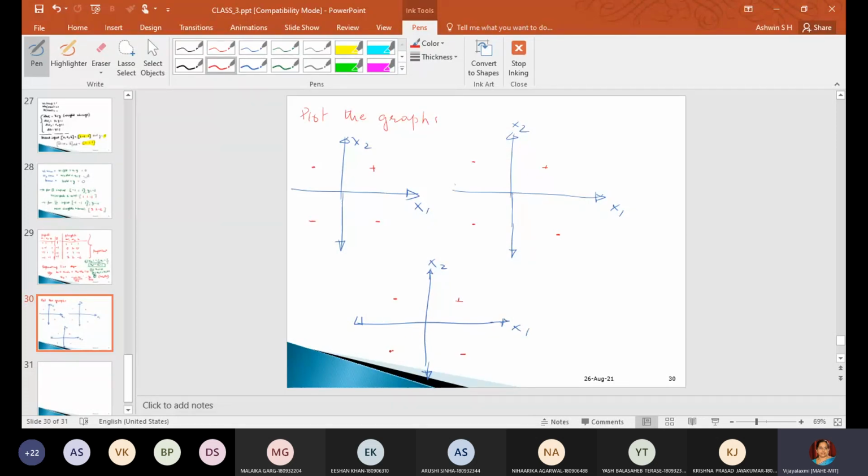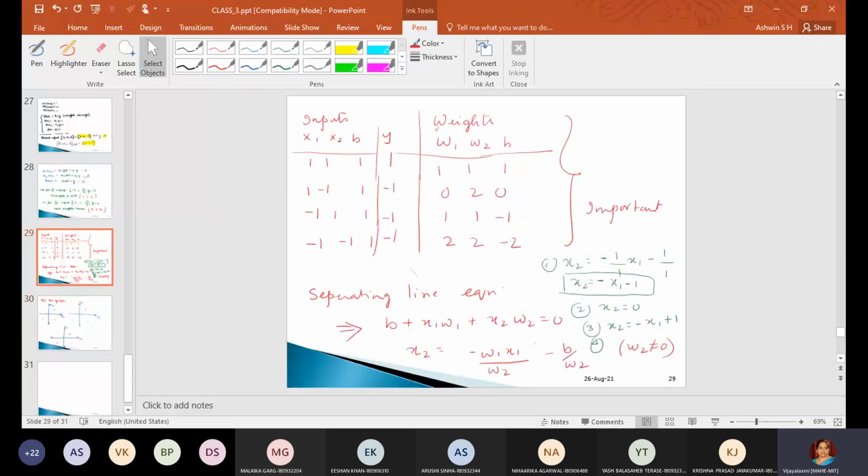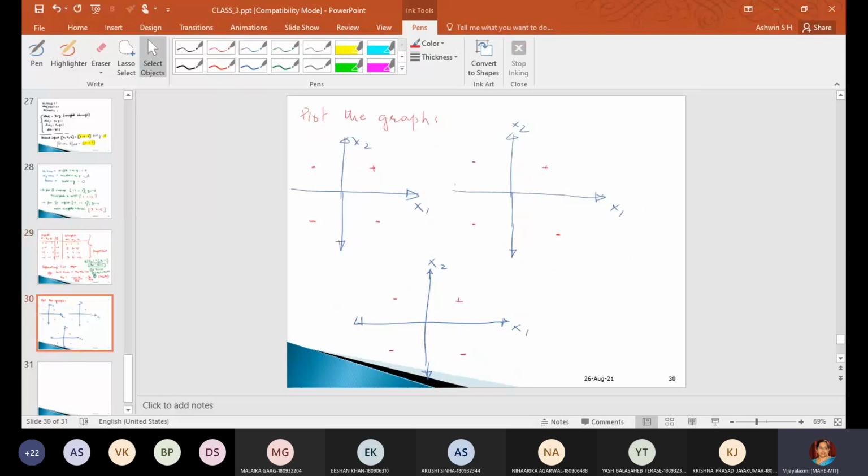Now you plot those lines you have got. The first one is x2 is equal to minus x1 minus 1. If you give the values of x1, you get the values of x2, something like this it will come.